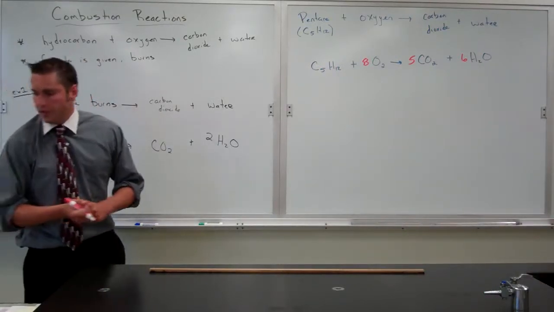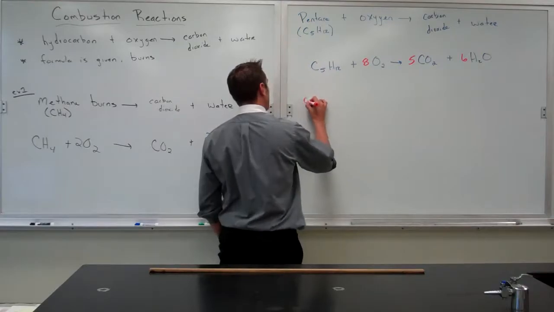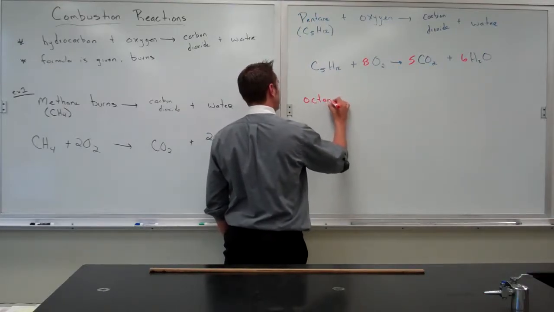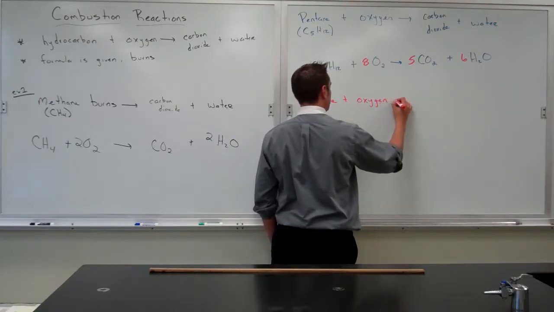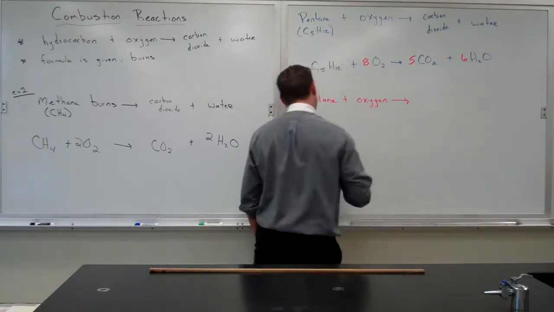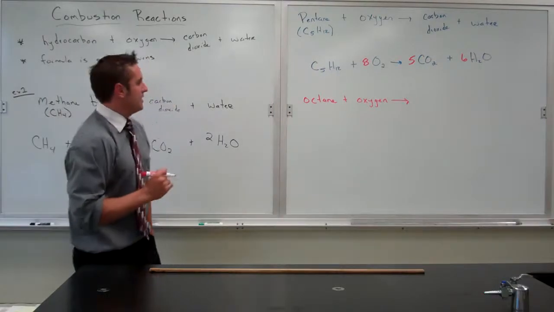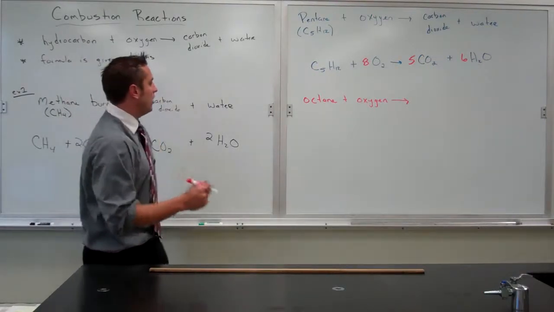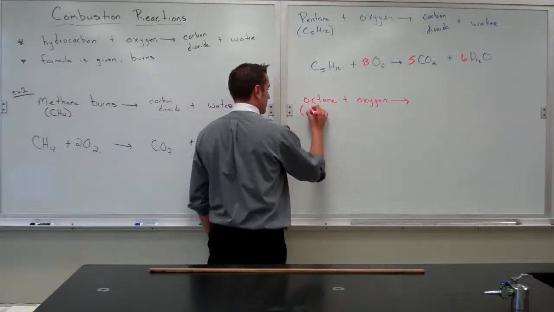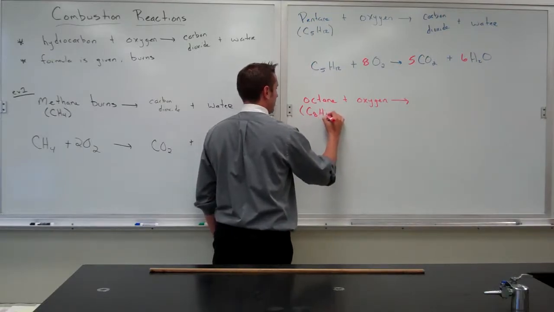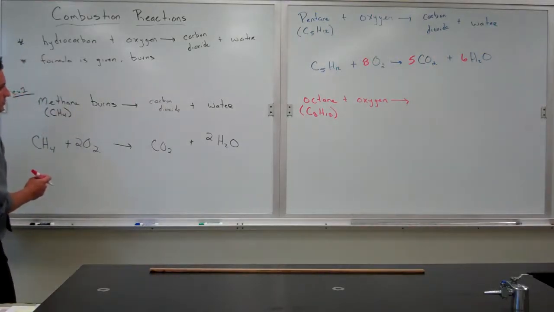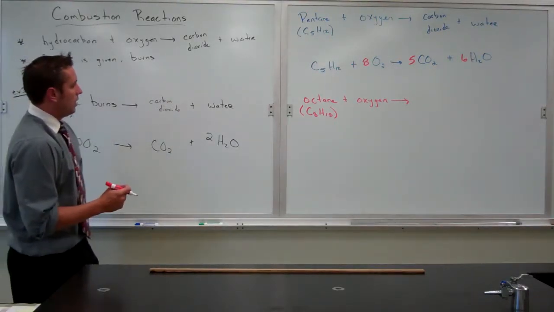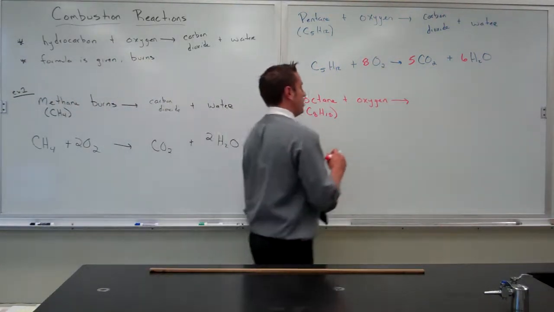Looking at one last one, what if we looked at octane plus oxygen? Identify type of reaction. As I look, octane would have a formula next to it, C8H18. That means it's a combustion.